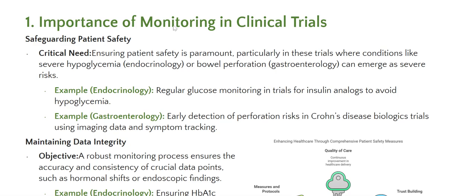We'll start with the importance of monitoring in clinical trials: safeguarding patient safety, or participant safety. Critical need: ensuring patient safety is paramount, particularly in these trials where conditions like severe hypoglycemia, in endocrinological cases, or bowel perforation, in gastroenterological cases, can emerge as severe risks.